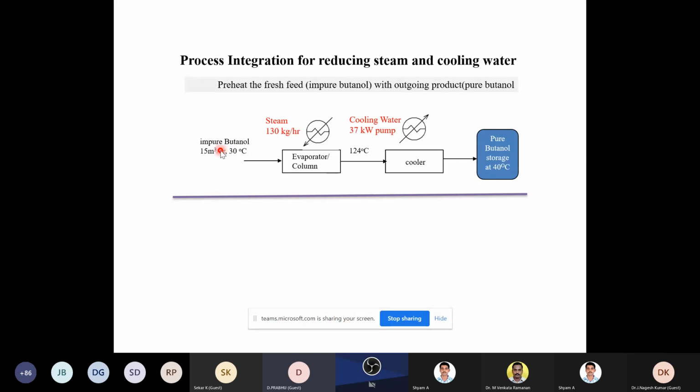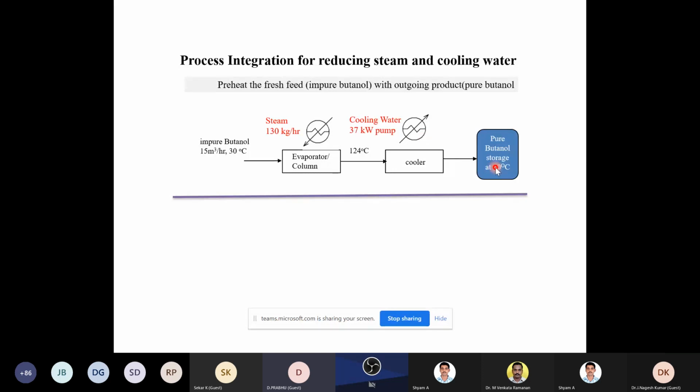For that, there is a two-step process of heating and cooling. Steam is used to raise it to 124 degrees centigrade, and it cannot be stored at hot temperatures, so immediately it is cooled by cooling water from a cooling tower, which has a 37 kilowatt pump. From 124 it is cooled to 40 degrees.